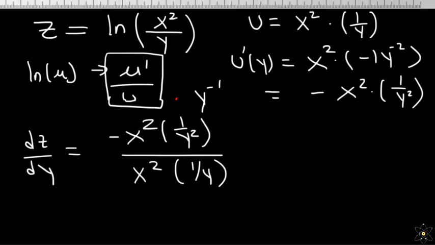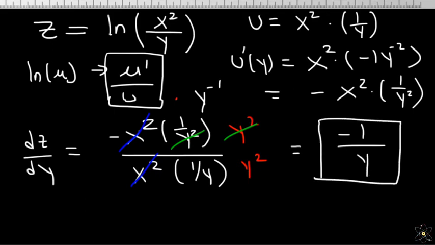So we can get rid of the x squared term, and let's multiply the top and the bottom by y squared to simplify the complex fraction. So these will cancel. So on top, we're just going to have a negative 1. On the bottom, y squared divided by y is y. So this is the first partial derivative with respect to y. It's negative 1 over y.